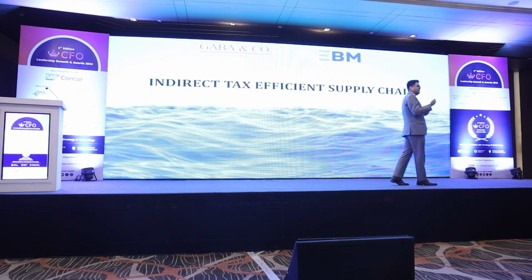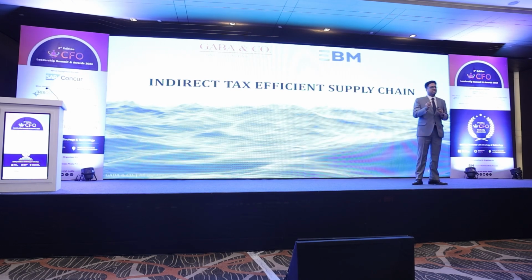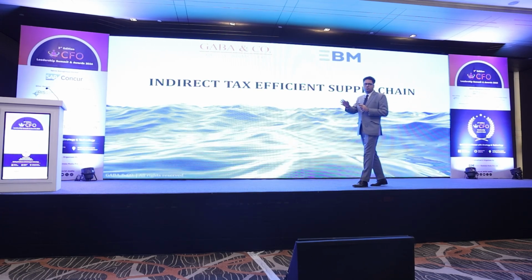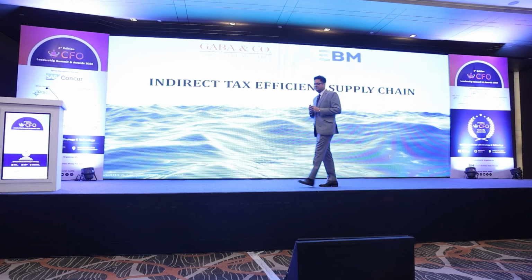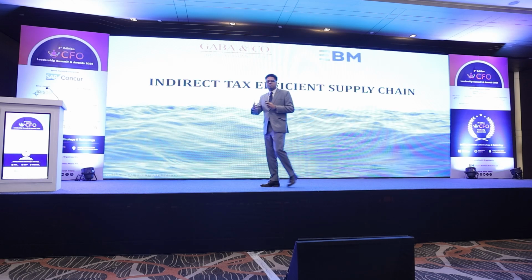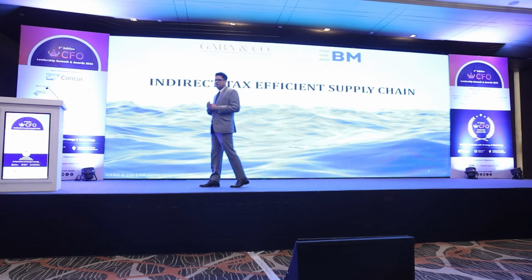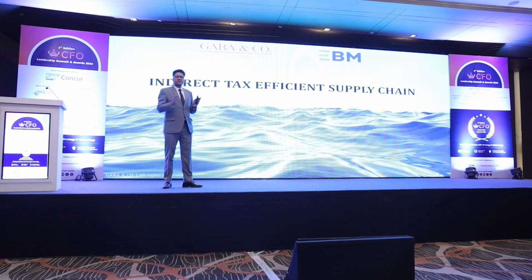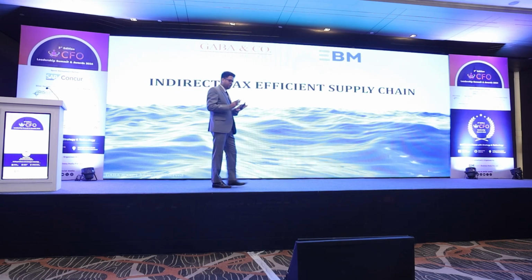And when I'm talking about indirect tax, I'm talking about GST and customs, not local taxes like octroi and mandi tax, which are somewhere still applicable. So you have to optimize all of your taxes, and there is no leakage. That is what you have to ensure.